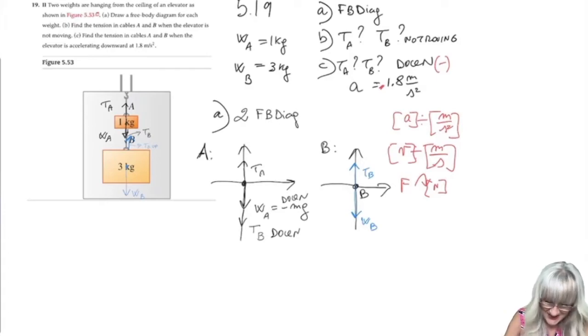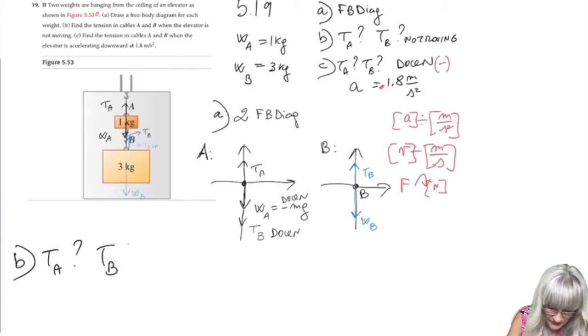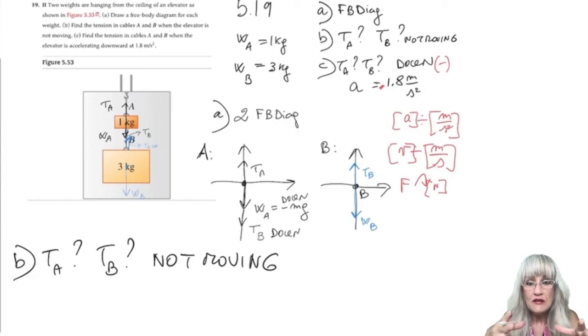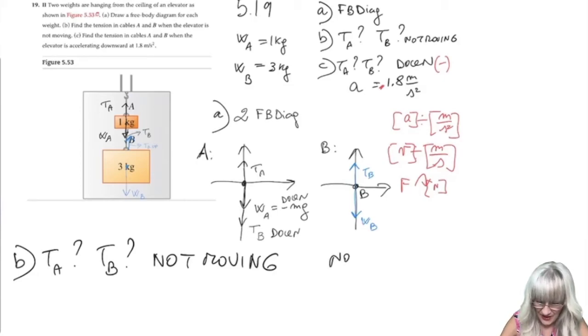All right, let's go on to part B, where we want to find the T of A and the T of B, tension A and B, when the object is not moving. Ask yourself, is there action on the x-axis? No x-axis action involved here.